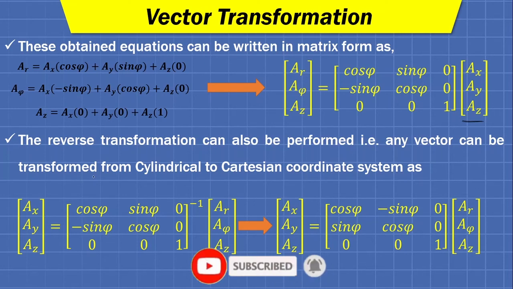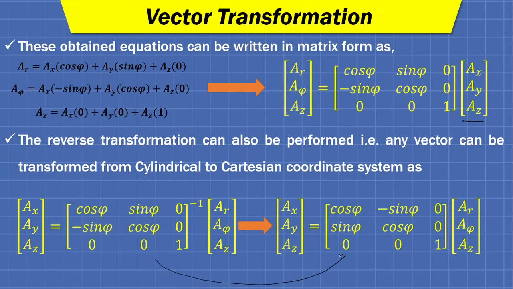Now it is the beauty of this matrix that its inverse is exactly equal to its transpose. As you can see, the inverse of this matrix is equal to the transpose of this matrix. Here we can complete the discussion of transformation of a vector from one system to another, but I would like to show you how this inverse is equal to the transpose.